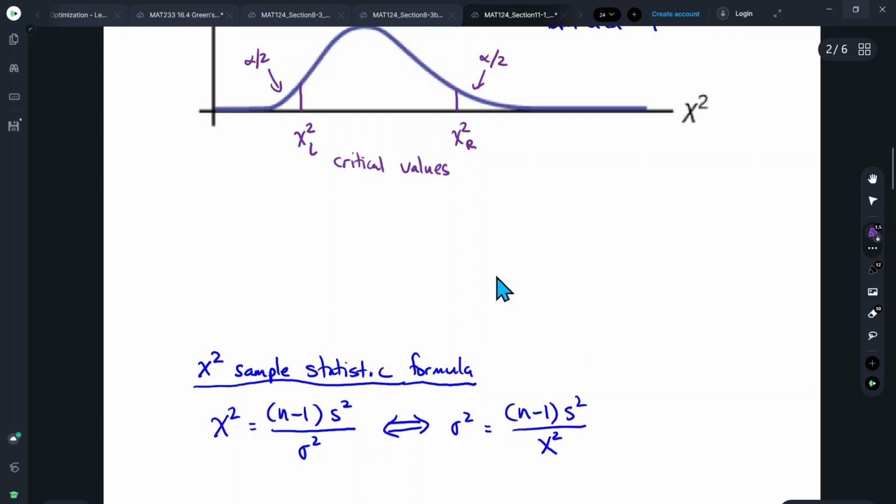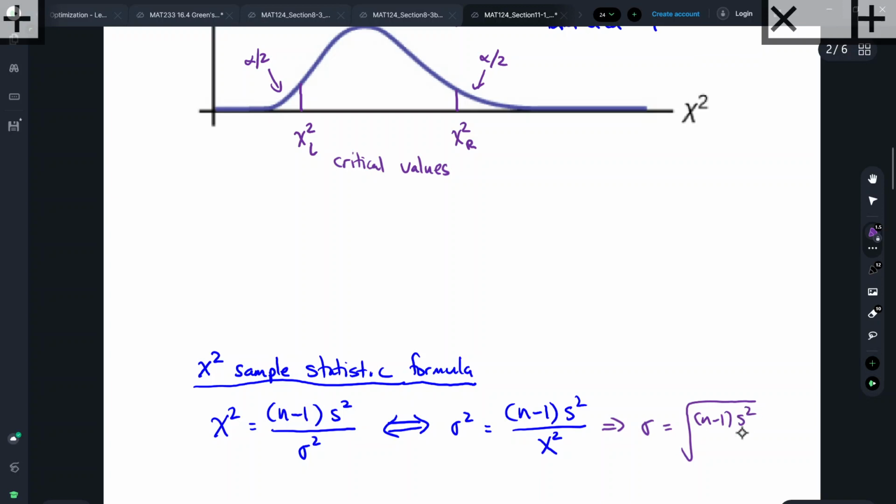You get this equation here, and we're more interested in the standard deviation, so to solve for sigma, I just take the square root. You get the square root of (n minus 1) s squared over chi squared. We're going to take each of these two critical values, plug it into this formula, and that will give you the endpoints of the confidence interval to estimate sigma.